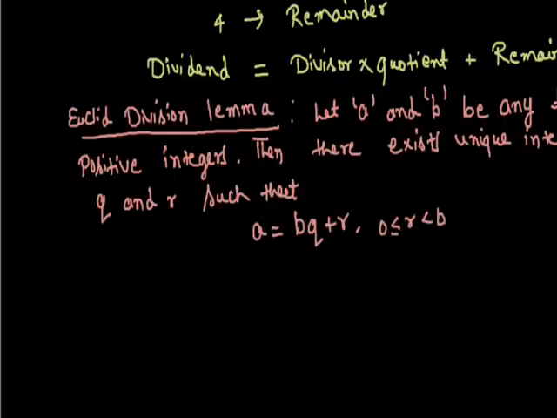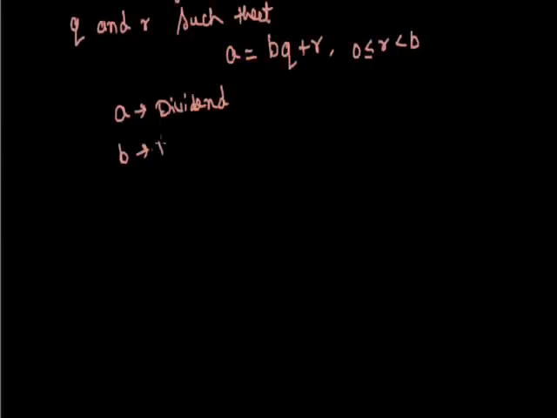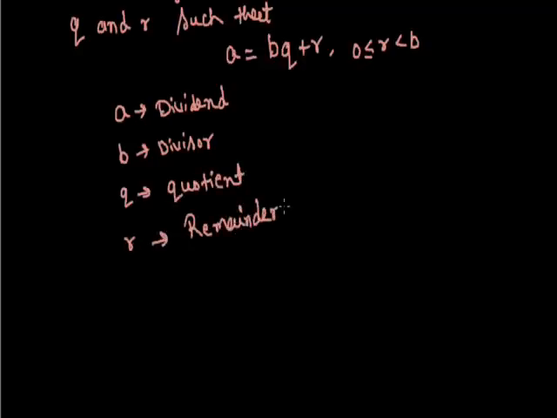Now here a is dividend, b is divisor, q is quotient, and r is remainder. Now r must be less than the divisor b.